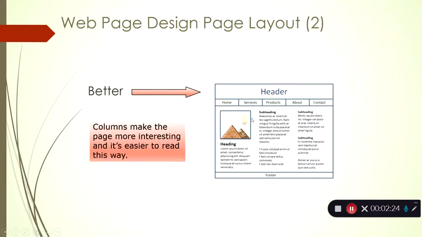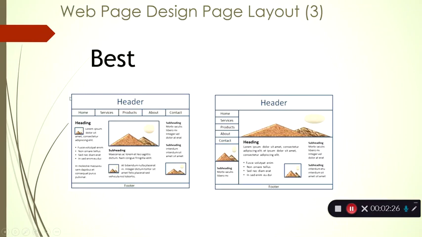But how to make it better than this? So you can see a comparatively better page layout here, where you can convert the horizontal navigation to vertical navigation, and this is a far better layout than the previous two.